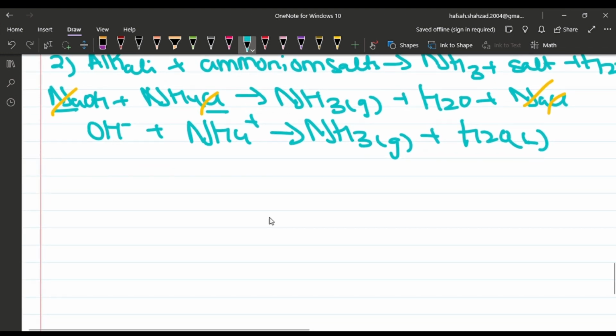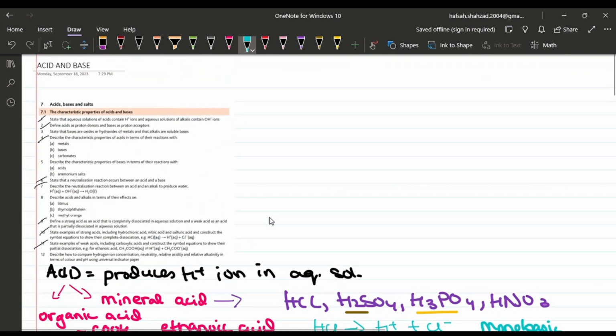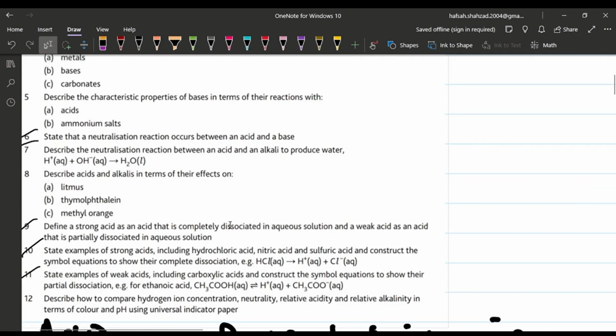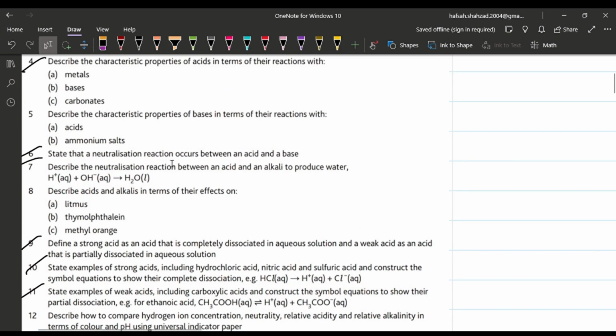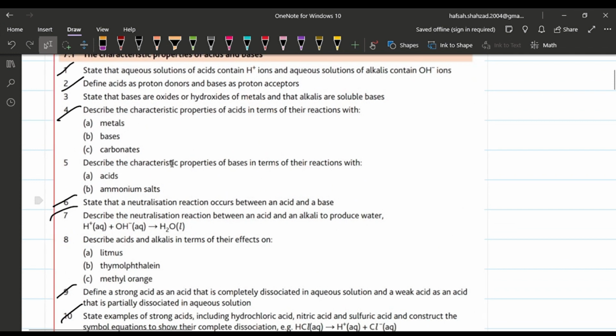Apart from this, the third reaction is of precipitation reaction. Do we have precipitation reaction over here as well? Okay, no. We only have two reactions over here for this specific 7.1 section, and we covered both of them.